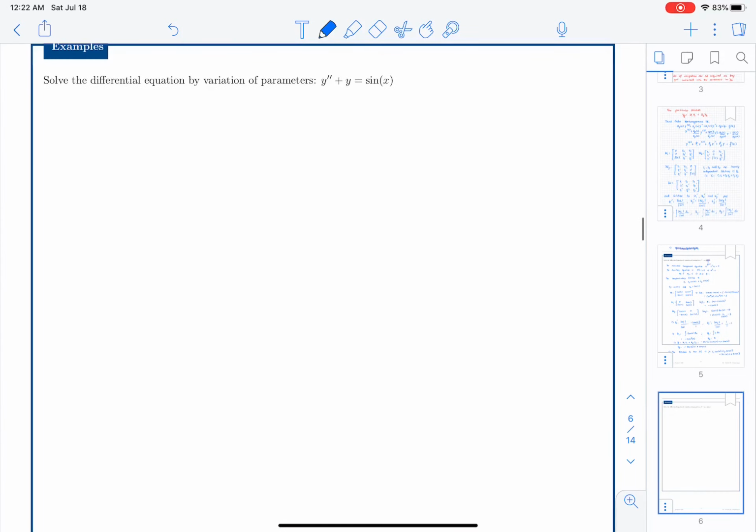A similar problem here. The function f of x is sine x. That is a non-homogeneous equation. The associated homogeneous equation is y double prime plus y equals 0.